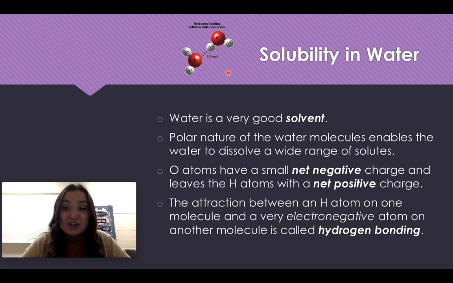It's important to remember, hydrogen bonds don't just exist between water molecules. All you need is your positively charged hydrogen atom and any electronegative atom. Could be fluorine, chlorine, or oxygen to create that hydrogen bond.